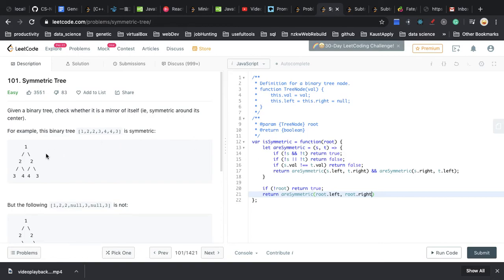Looking at this example, we need to compare the left of root, which is node 2, and the right of root, which is also node 2. If they are symmetric, then we do the recursive function onward.